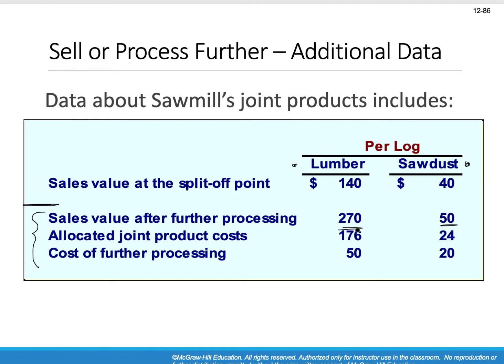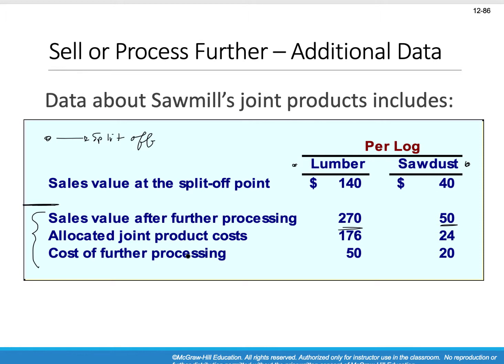We also need to factor in the allocated joint product costs from turning it into raw material up to the split off point. So we allocate the joint cost, 176 bucks for lumber, 24 for sawdust.